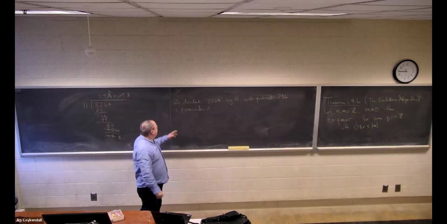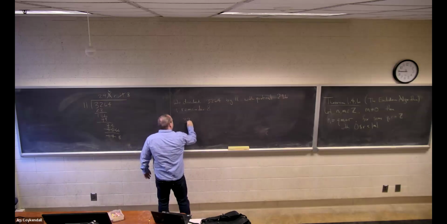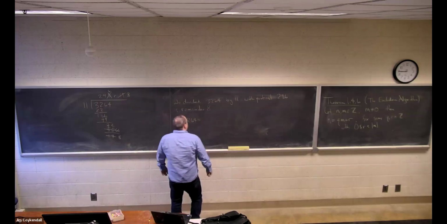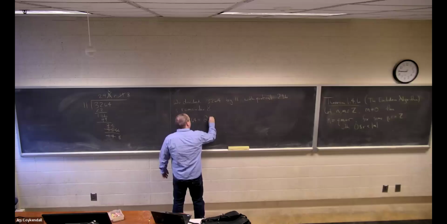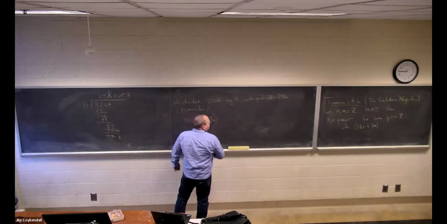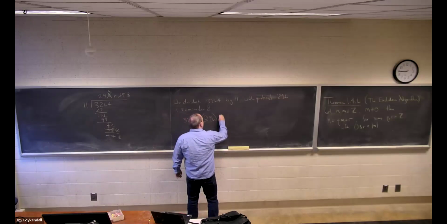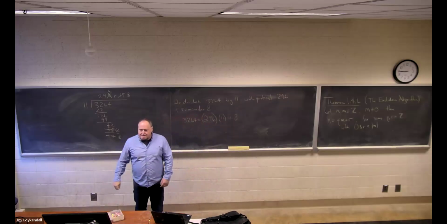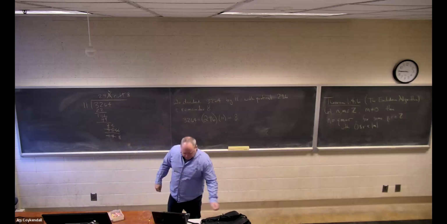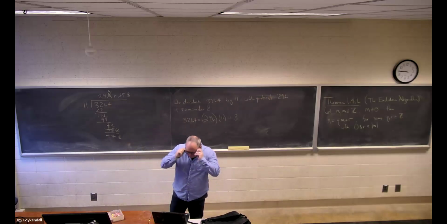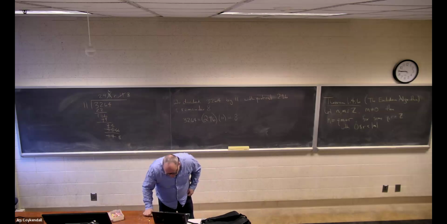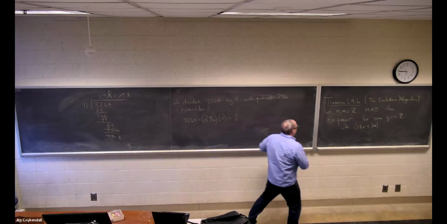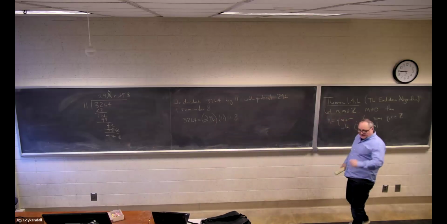And what this means is my original number, 3264, if I did my division right, should be the quotient times m, which in this case is 11, plus remainder 8. Okay. Any questions?